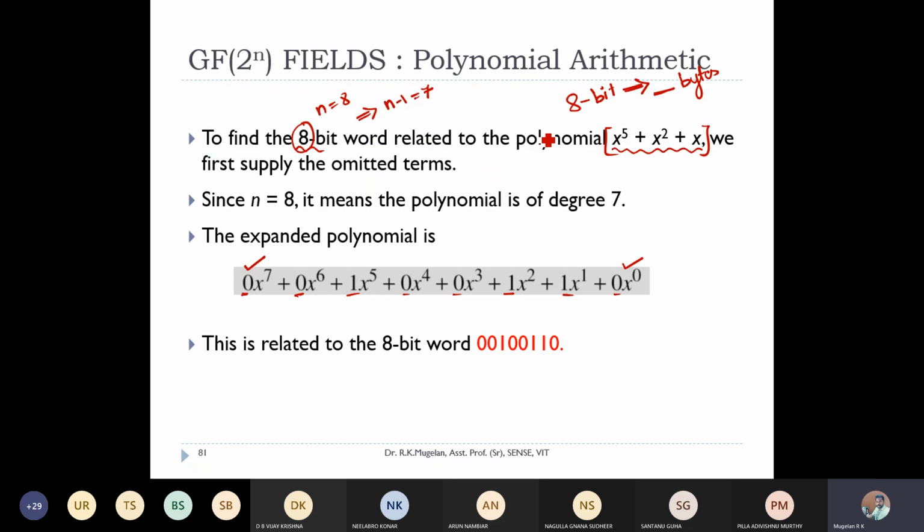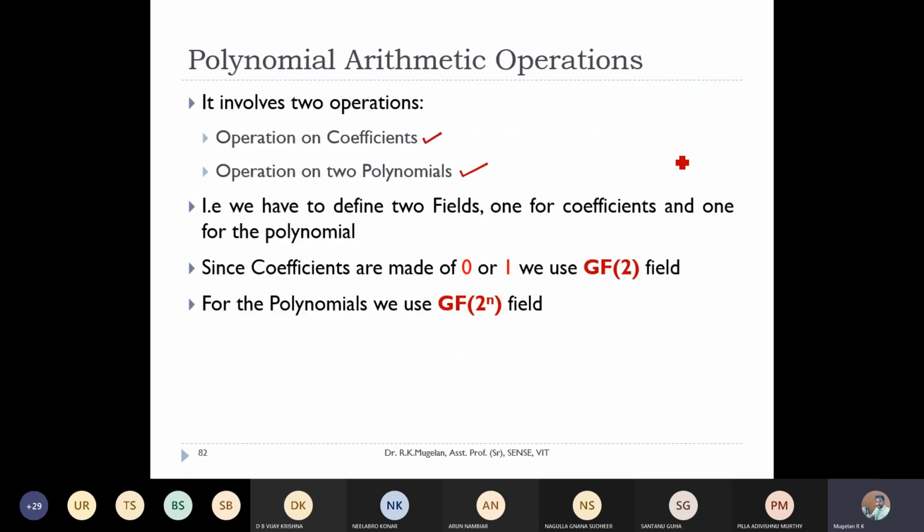Assume this is your f of x, and I can create another polynomial g of x, and we can perform some operations between these two polynomials. Since we are discussing the Galois field of 2 power n, our coefficients will be 0 and 1 alone, so nothing much to discuss on that. We'll directly jump into operations on two polynomials. At that moment, we'll discuss how these zeros and ones are dealt with in the polynomial arithmetic operations.